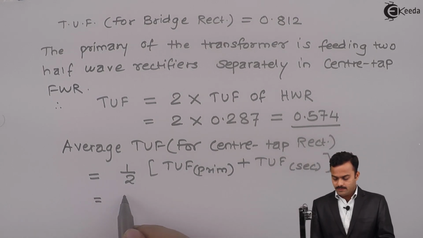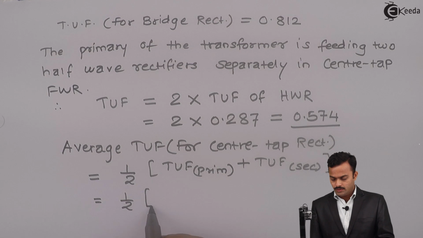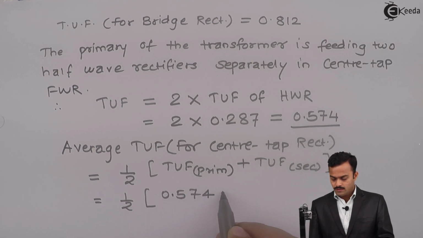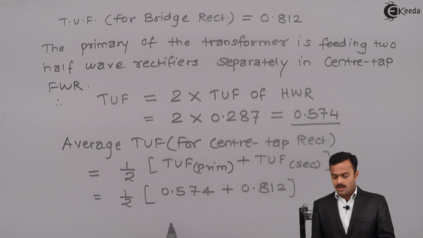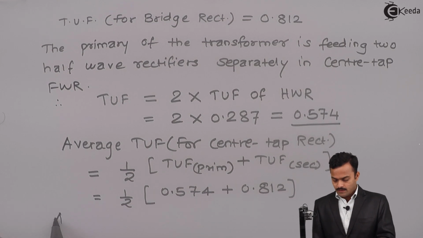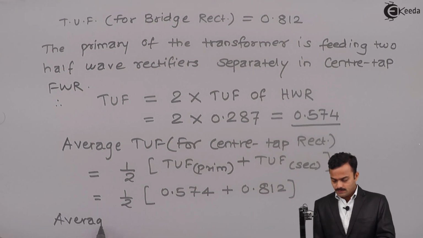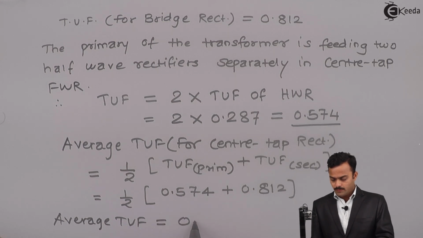So, that will be 1 by 2 into 0.574 plus 0.812. If you solve this, you will get average TUF equal to 0.693.